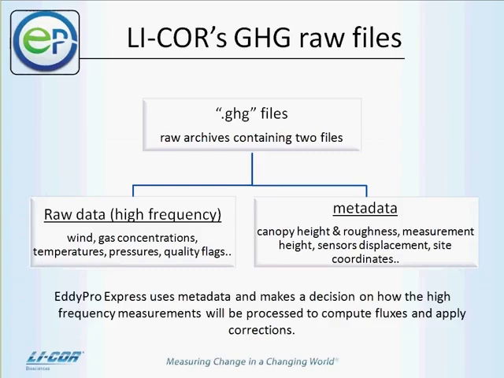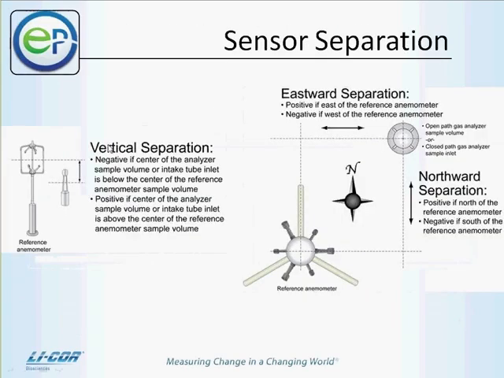So let me show you how you can measure those, or at least what those values represent. The vertical separation represents any separation between the midpoint of the sampling volume of the analyzer versus the midpoint of the sampling volume of a sonic anemometer, your reference sonic anemometer. And eastward and northward separation refer to separation in the east-west axis and the north-south axis.